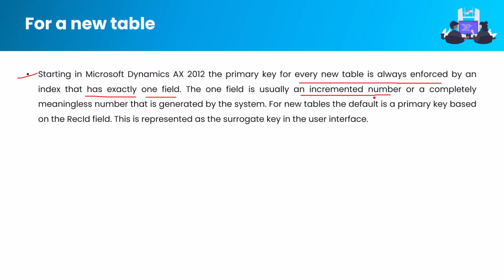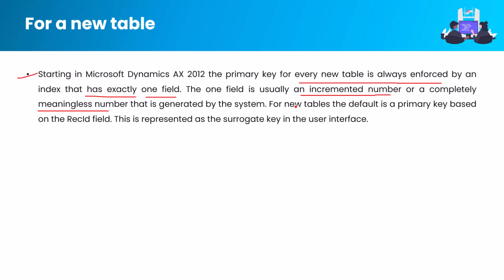Each time it will change its value, or it will be a completely meaningless number. If you have already seen the rec ID for a table, that is nothing but an incremented value or meaningless value that is generated by the system.